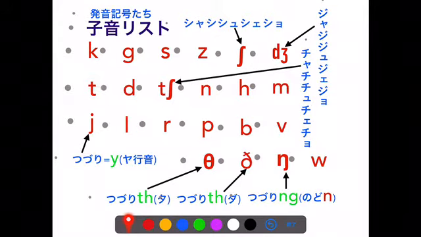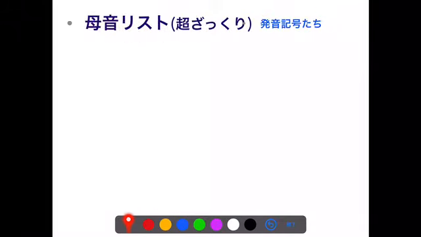And there are so many t, d, cha. This is letter J, but the sound is Y sound. Ya, yo. These are TH sound. And this is deep N sound. And w. These are consonants and vowels.